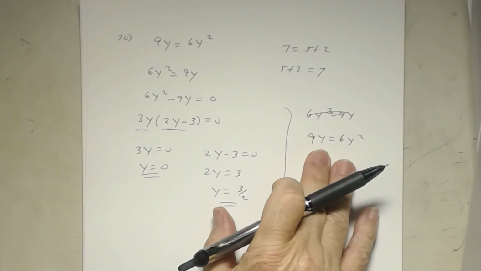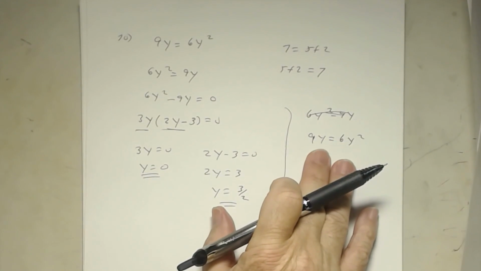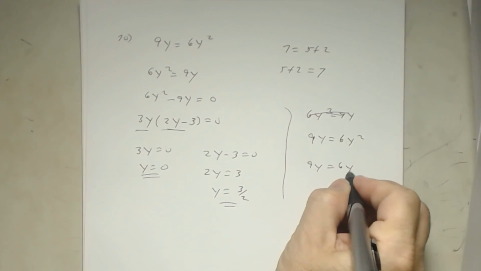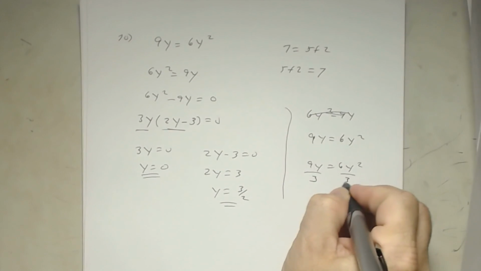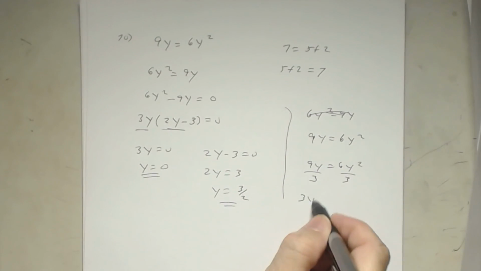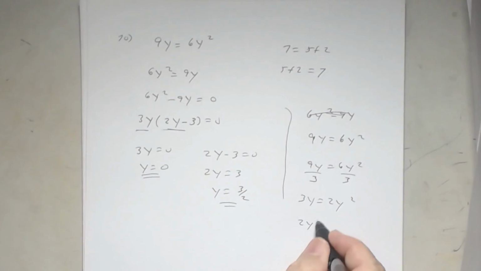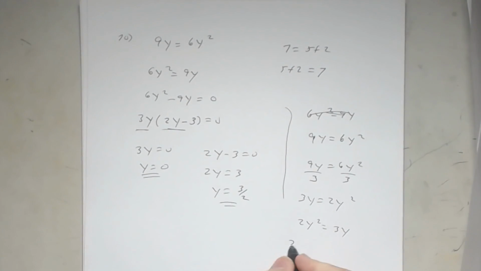Yes, you'd have gotten that 3y, and because it's an equation, I could have divided both sides by 3. So watch. 3y equals 2y squared. And then I could transpose the sides still, right? So 2y squared equals 3y. Then put it in standard form. I get 2y squared minus 3y equals 0.